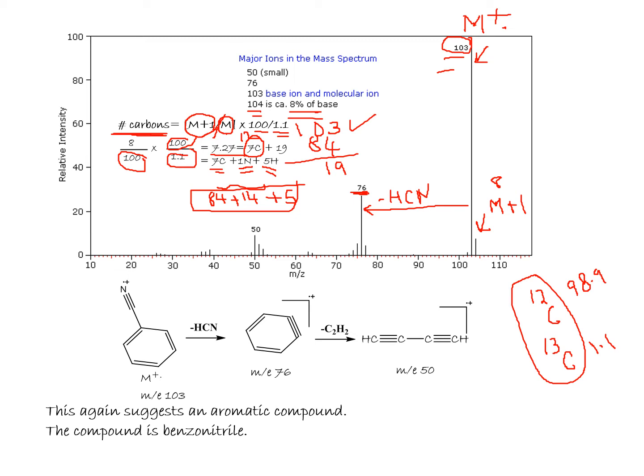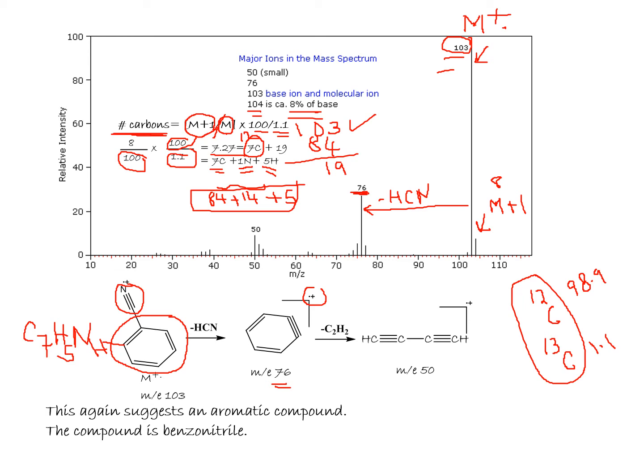We have an aromatic ring, we have nitrile functionality. If we put a benzene ring with nitrile functionality, that makes C7H5N. This molecule could eliminate HCN as a neutral species to give the benzene cation radical at 76.